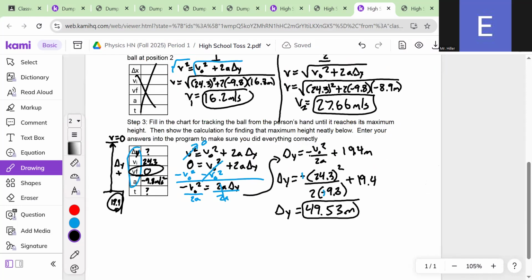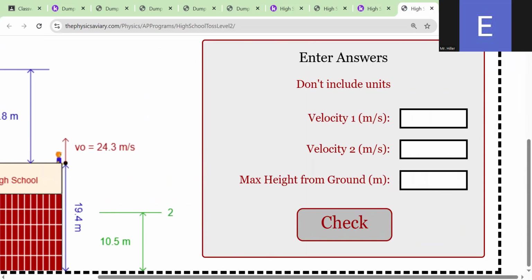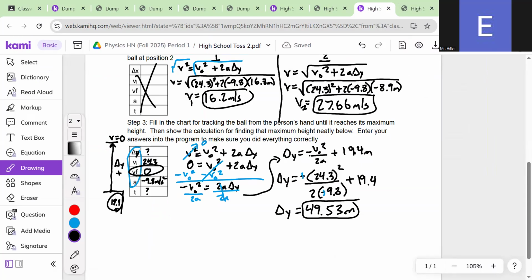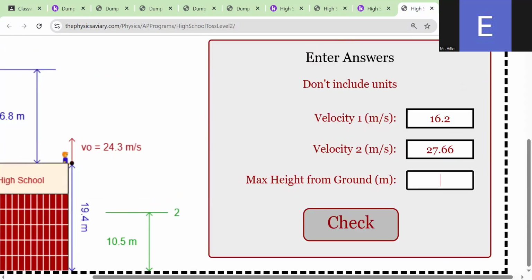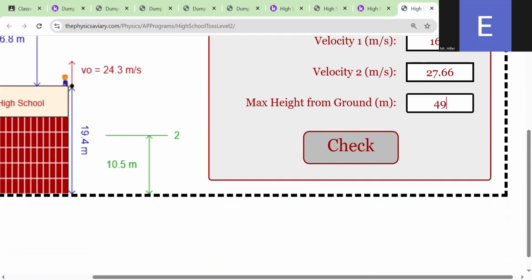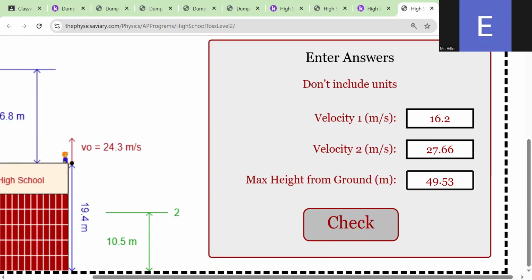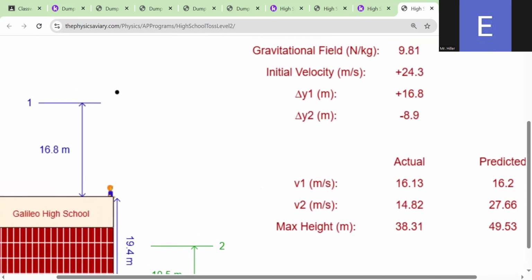Well, I'm going to go ahead and put in my values and see how I did. You go ahead and put in your values. Let's see how you do. Okay, it's going to run the program.